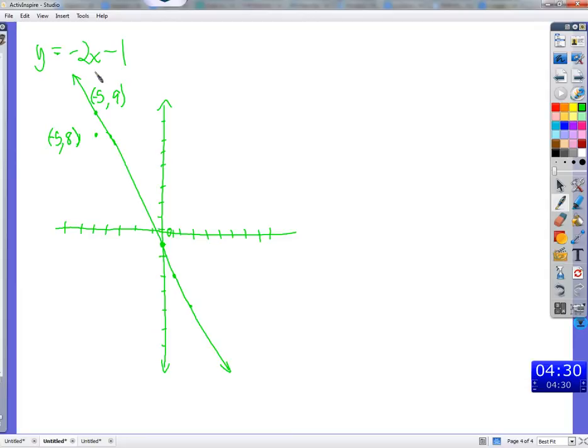No. If we put above the line, let's say -5, 11. When we put -5 in for x, we get 9, because that's the point on the line. And on this side we get 11 because we're making it be 11. So which side is greater? The y side.